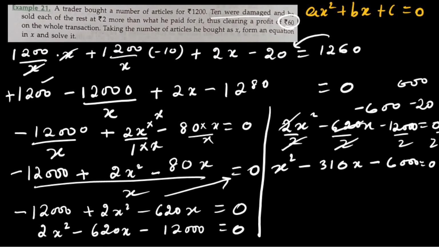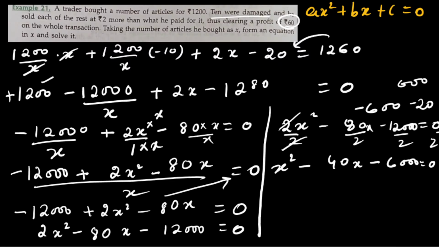Instead of 620, here we will get 80, so I am just changing this one. 80x. Here instead of 310, if 80 is common and we divide it by 2, we'll get 40. So x square minus 40x minus 6000. So that is the required equation.